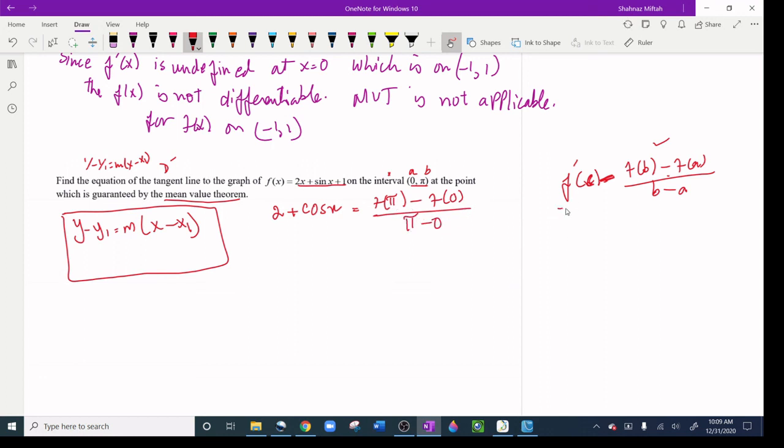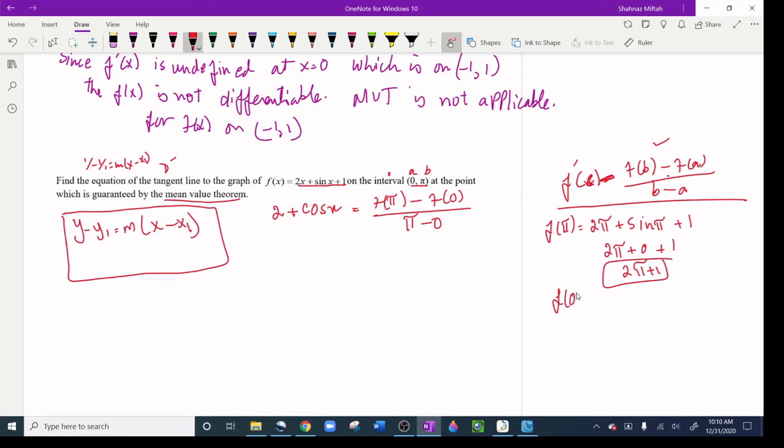So let's try, this is my scratch pad, and I'm going to plug in f of pi first. Plug pi into the original: that's 2 pi plus sine pi plus 1. So it's going to give me 2 pi. What is sine pi? Sine pi is 0 on the unit circle. So that's 0 and that's 1. So my answer is 2 pi plus 1.